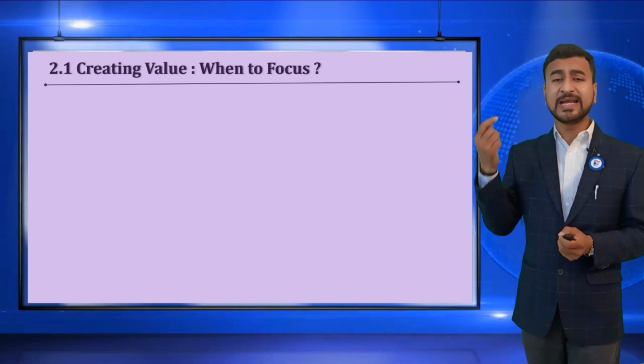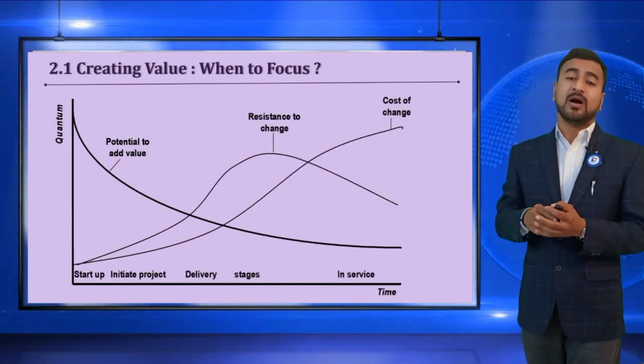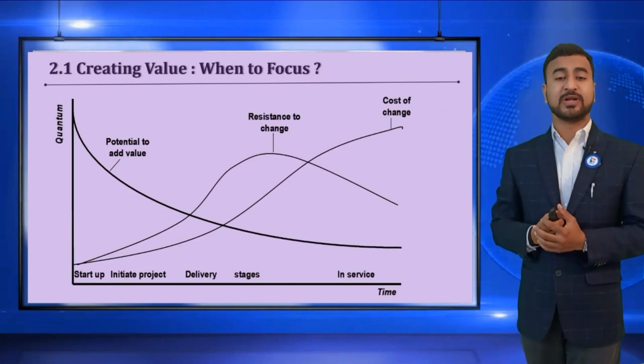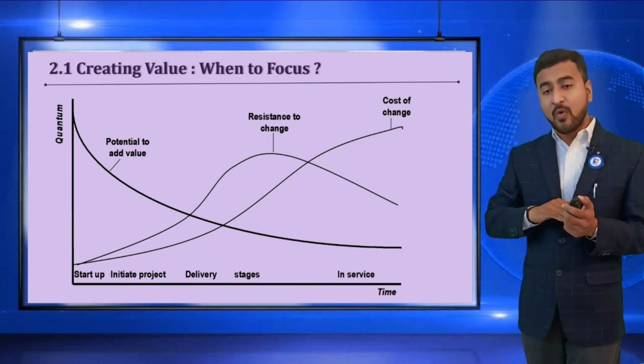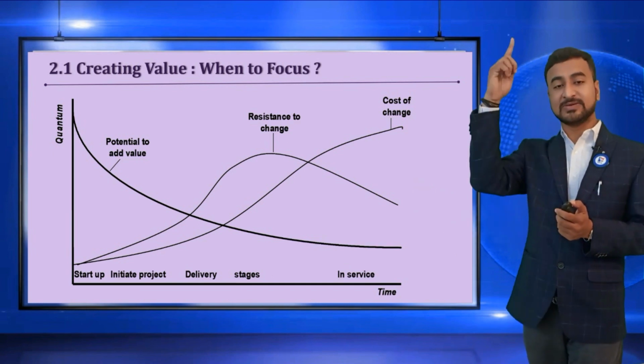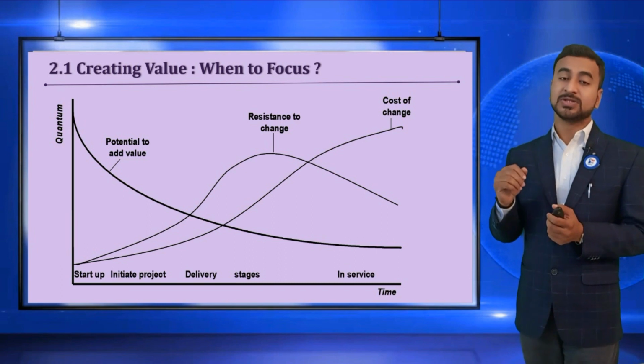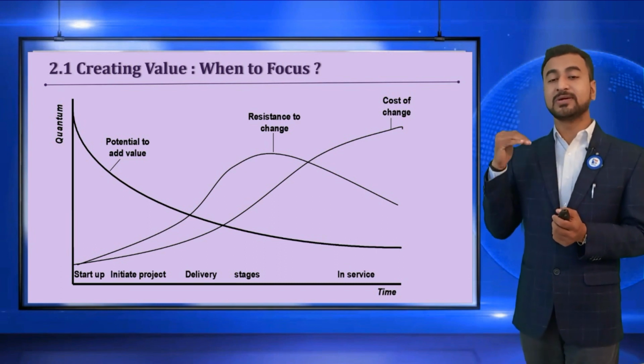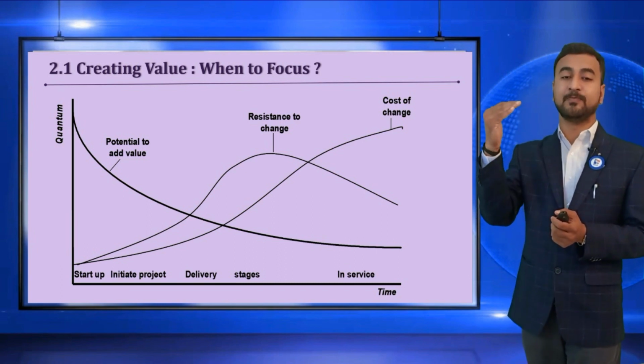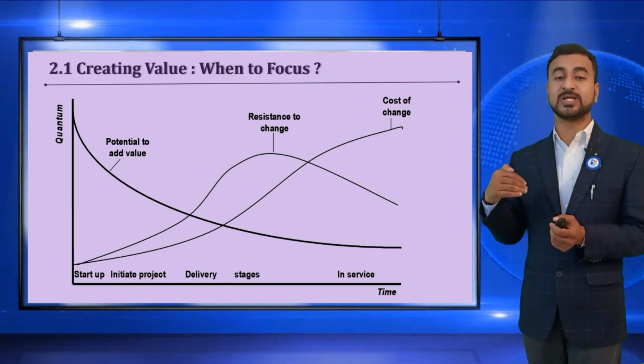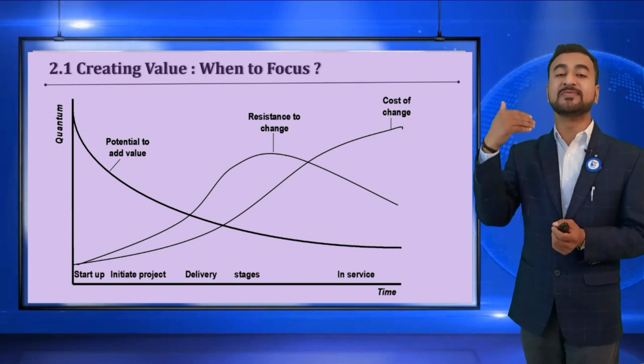Now, a very interesting fact that this diagram represents: on the x-axis there is a time horizon and on the y-axis there is a quantum. If you focus on value delivery during the initial stage of the project, its potential to add value is very high.